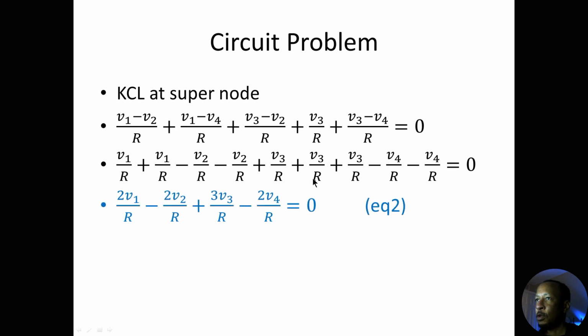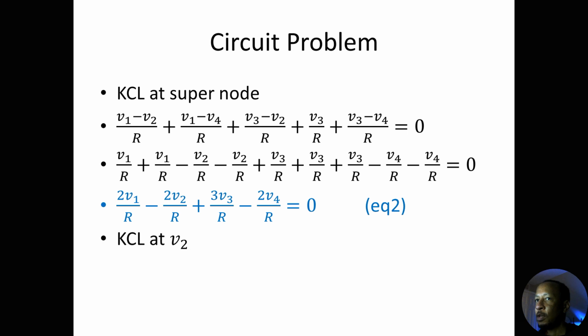So after you simplify all of that, you end up with 2V1 over R minus 2V2 over R plus 3V3 over R minus 2V4 over R equals 0. And that's going to be your equation number 2.